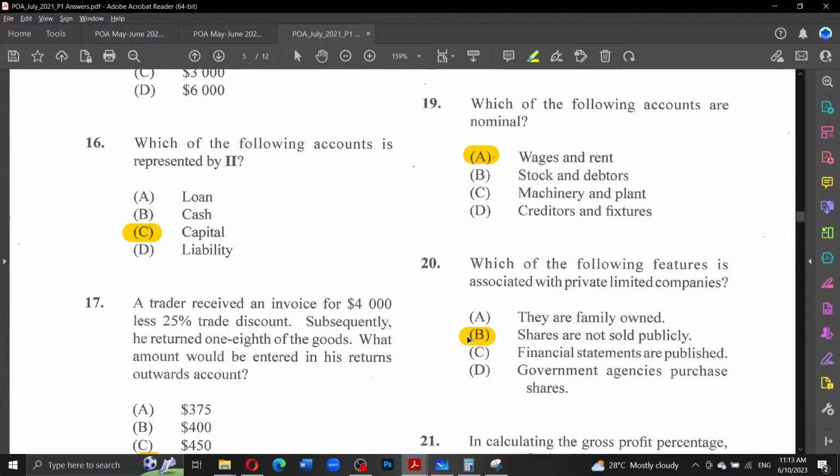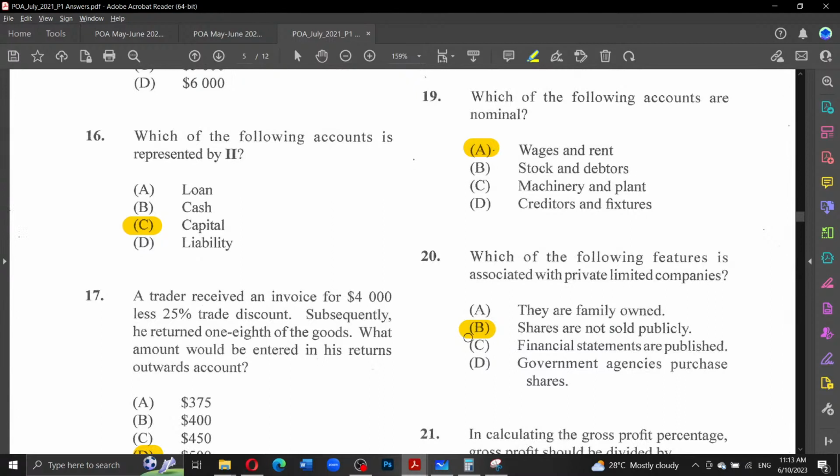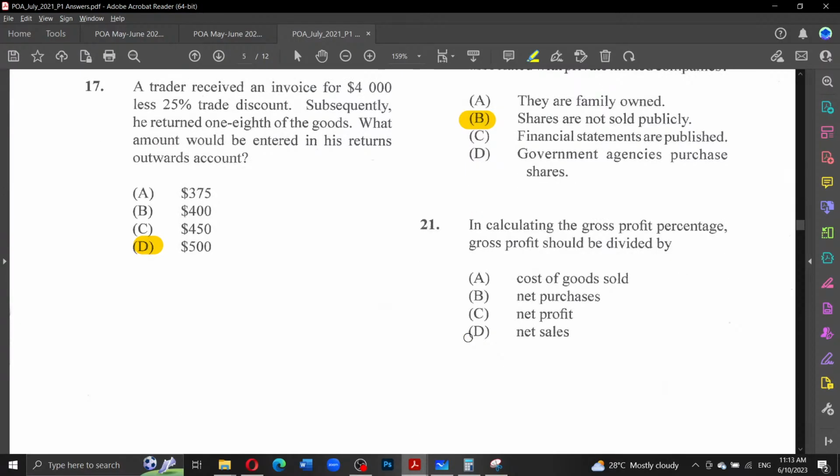Financial statements are published. This here is not necessary. If you would like to publish it, you can, but with public limited companies, the financial statements definitely need to be published. Government agencies purchase shares. If they are not advertised to the public, then how will the government purchase? This doesn't make sense.